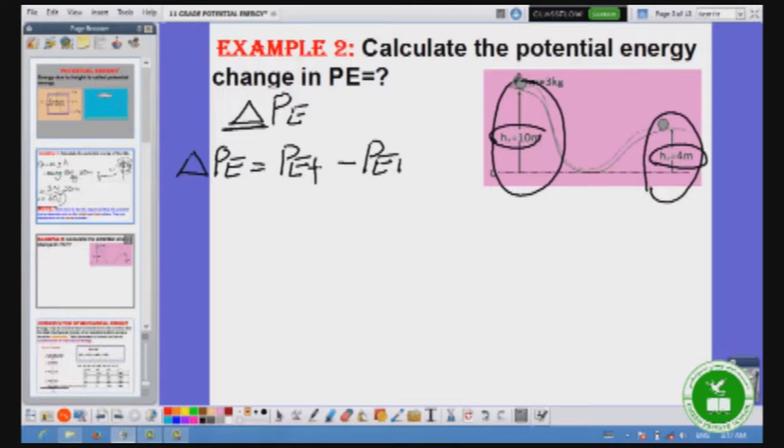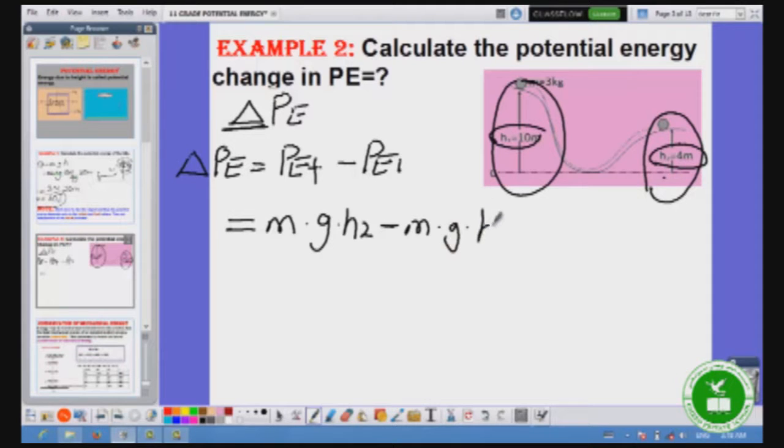Okay, so from here, m times g times h2. Okay, h2. Why? Because final energy is energy of object at this height, minus m times g times h1. Why h1? Because initially object was here at this height, so initial energy will be due to this height.